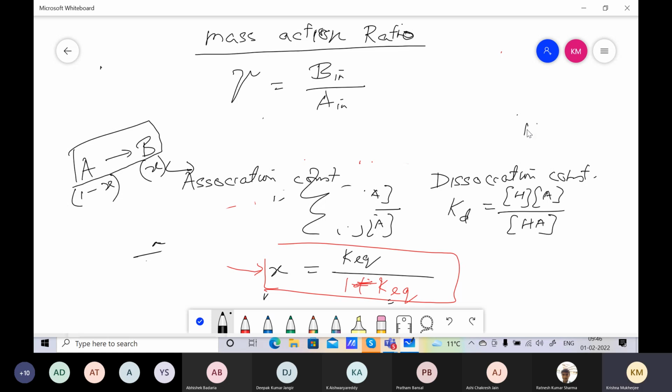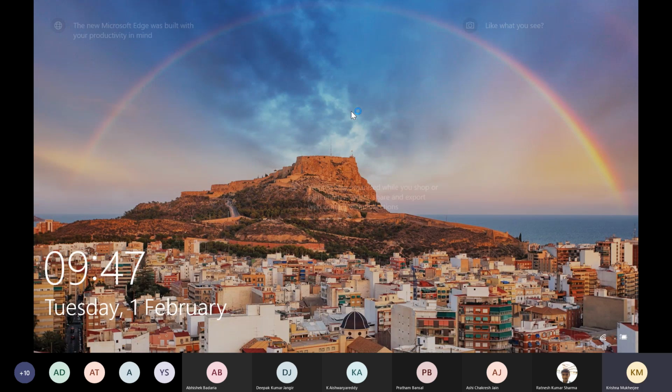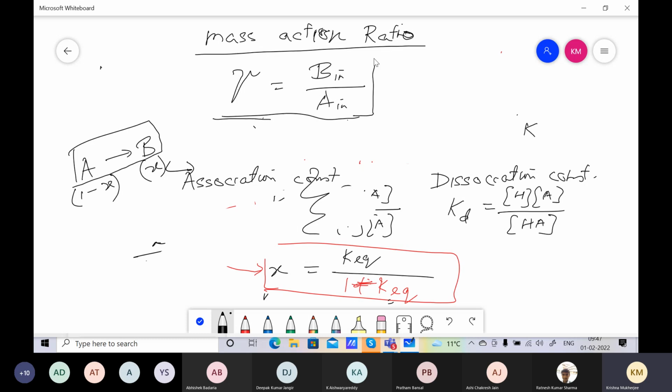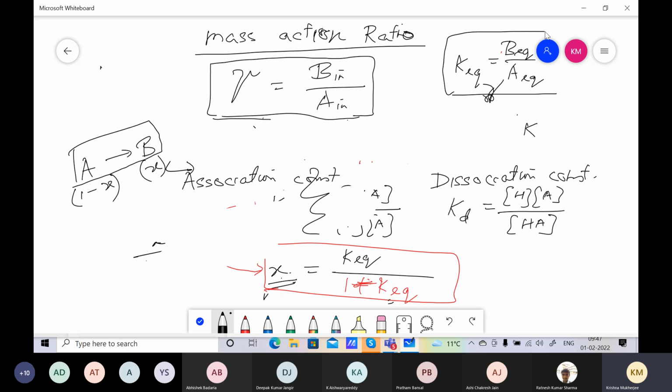This is your mass action ratio, which is the actual B versus A. And remember that at equilibrium, this will be some B equilibrium upon A equilibrium, right? X can be found out, and 1 minus X can be found out. So at equilibrium, there is a certain concentration of B and A, and this is the mass action ratio.